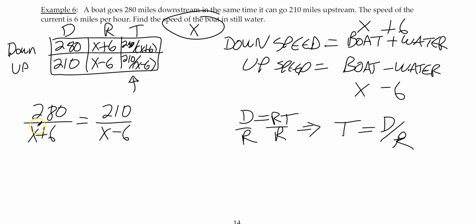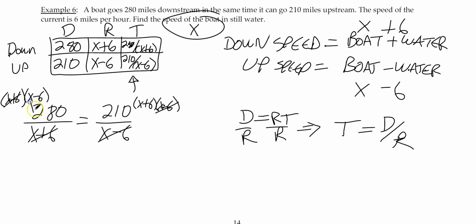So multiplying by the LCD of x plus 6, x minus 6 on the left, and x plus 6, x minus 6 on the right allows us to clear fractions. This is equivalent to cross multiplying that I don't like to do because it doesn't always work.